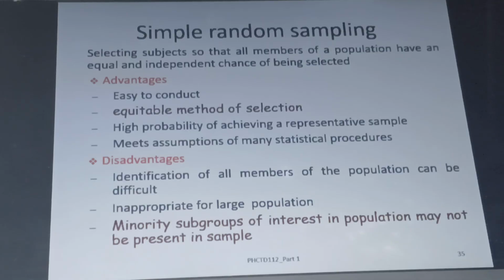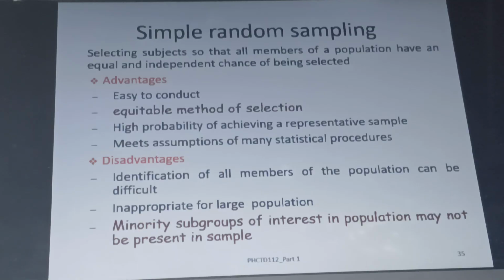No matter the advantages, definitely there will be disadvantages. So the disadvantages are that identification of all members of the population can be difficult. When you want to use simple random sampling, you must identify all the members of the population you are interested in sampling, and this might be difficult.